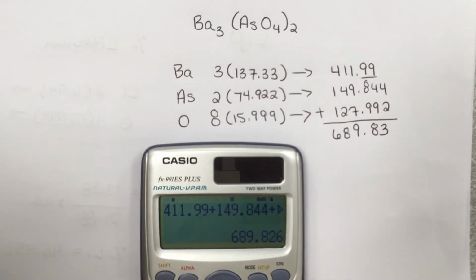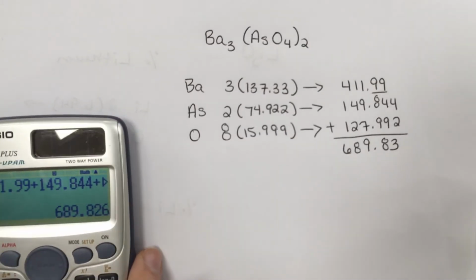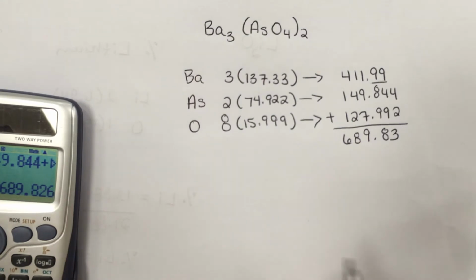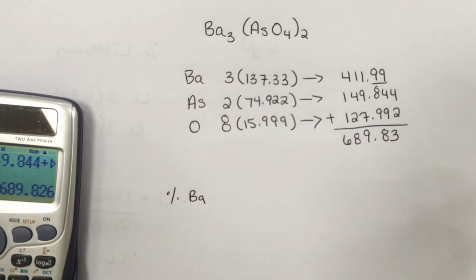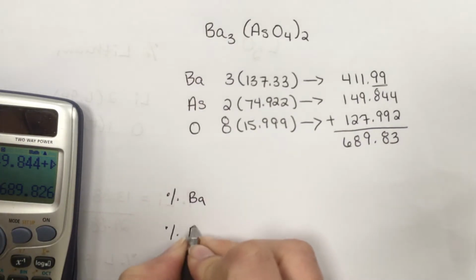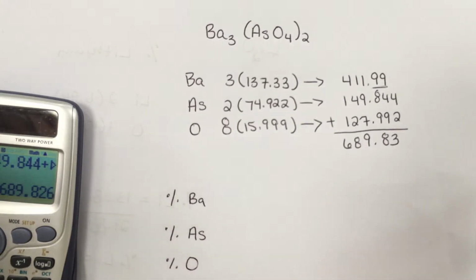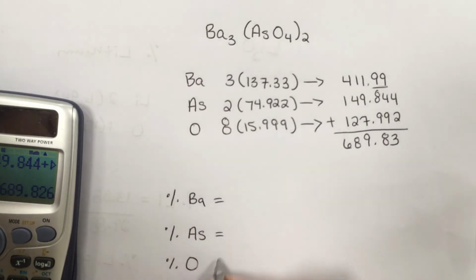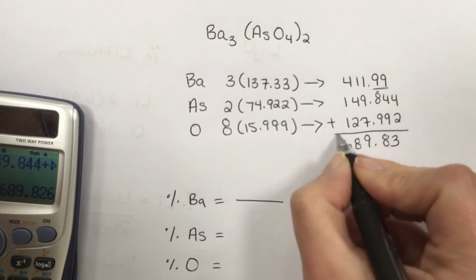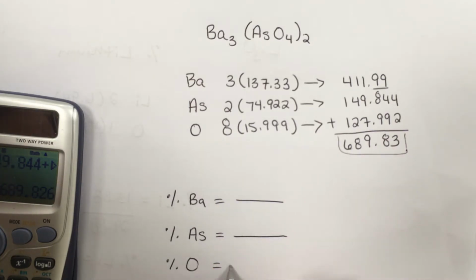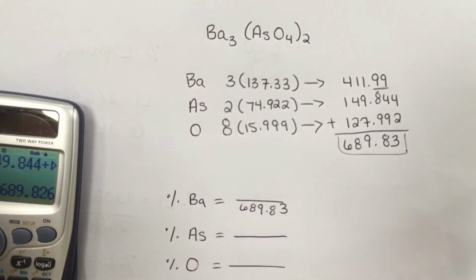Okay, so it's not just asking for one, it's actually asking for each element. What is the percent composition for each element? So now what we did just in the last problem, we have to do it 3 times. So we need to find the percent of barium, the percent of arsenic, and the percent oxygen. So again, how we do that is we take the mass of the actual atom, divide by the mass of the molecule, which is this. So they're all going to be divided by the mass of the molecule, which is 689.83.